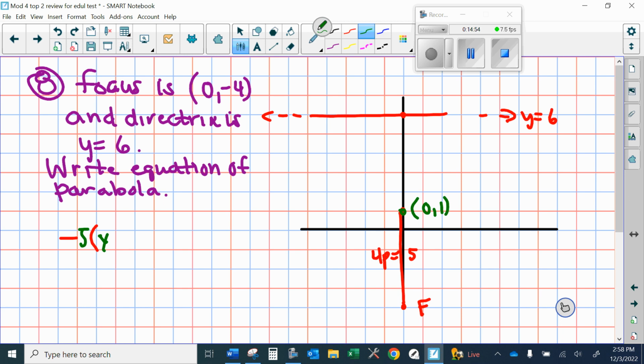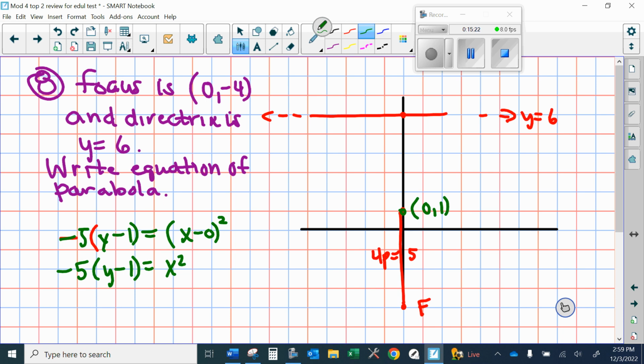So y minus 1, it's always the opposite, equals quantity x minus 0, which is just x squared. The negative shows it's opening down, and the 4p right there. So simply put, it could just be negative 5 times quantity y minus 1 equals x squared.